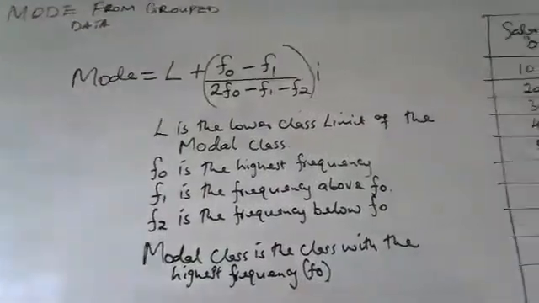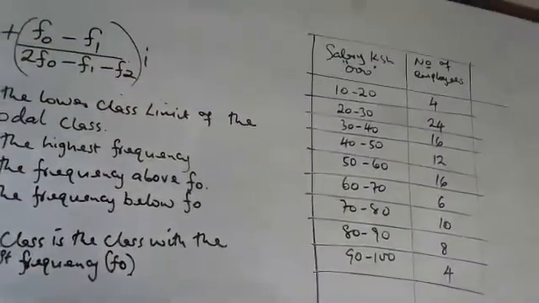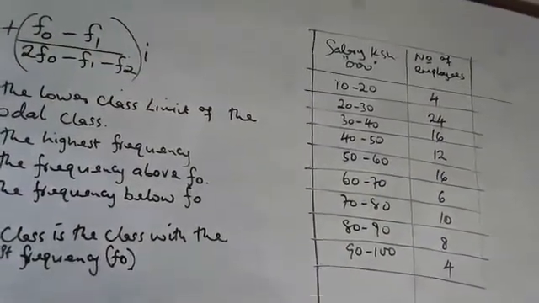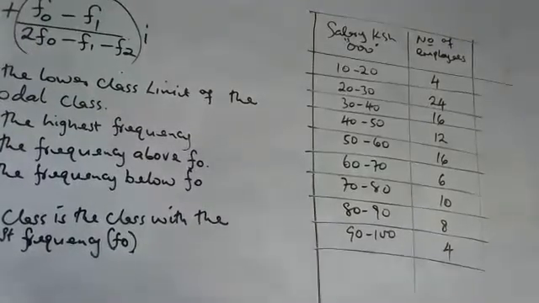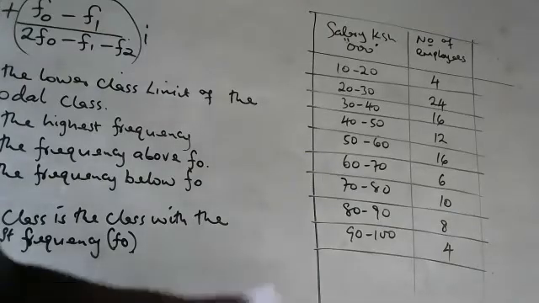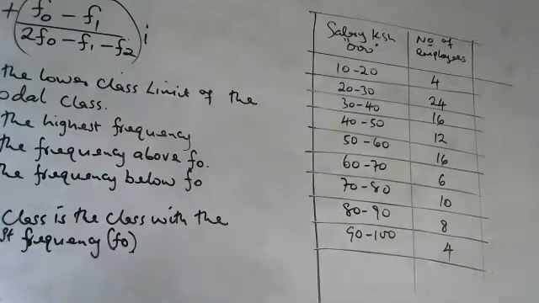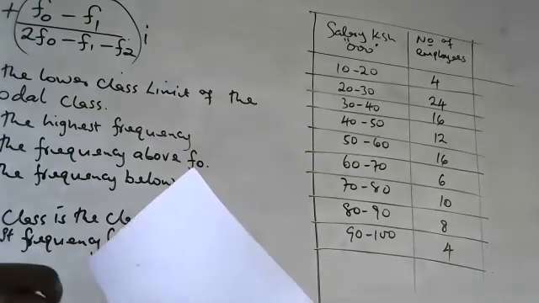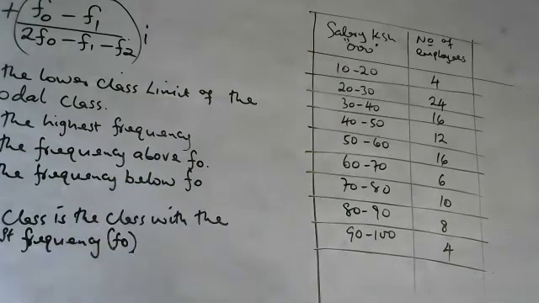You are given a question like that, or you are given the table like that, and then you are told, determine the model salary, or the salary where the majority of the employees are earning, or which salary is being earned by the majority of the workers.